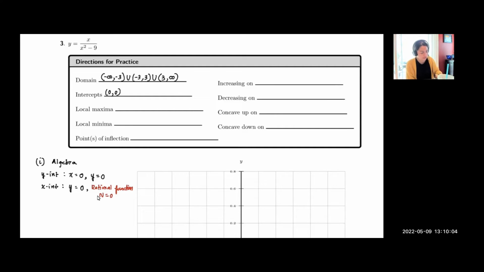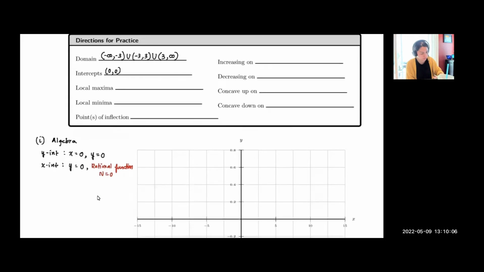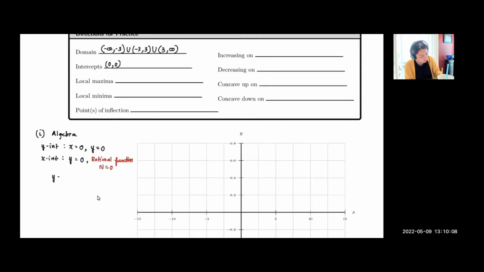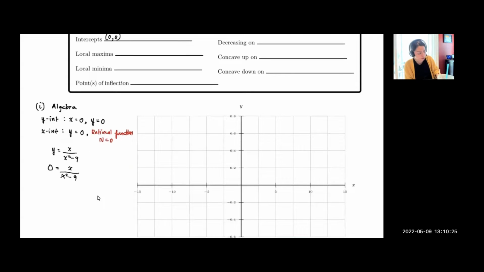So if I scoot up a little and rewrite the function, y equals x over x squared minus 9, where would it be 0? 0 equals x over x squared minus 9. I would only look at the numerator, where the numerator is 0. And I can see once again, x is equal to 0, and that's the only x-intercept. The x-intercept and the y-intercept are the same point.